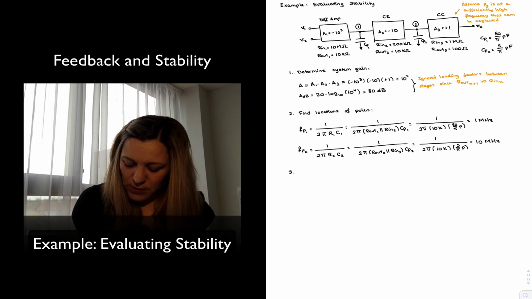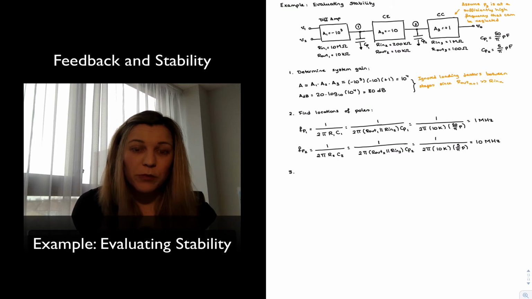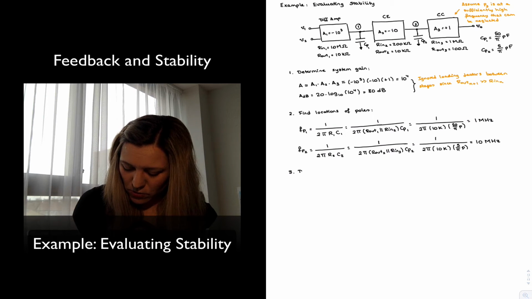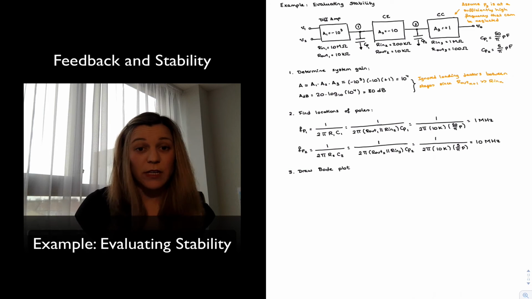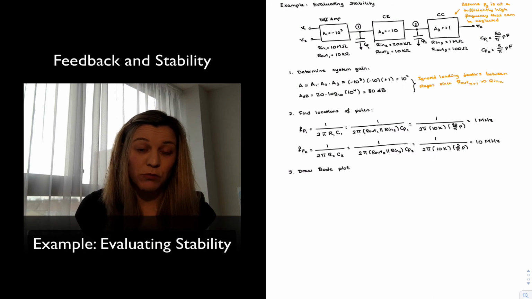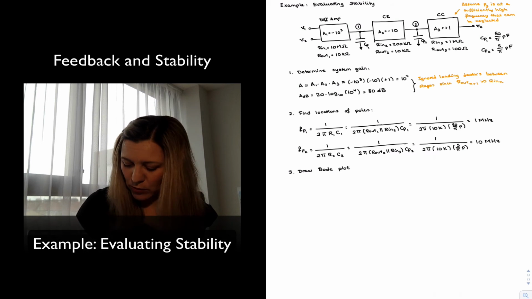Step number 3 is I'm going to draw my Bode plot, because that's going to allow me to easily graphically analyze whether the system is stable or not. So draw my Bode plot, and it has two components that I need to keep into account: the magnitude response, or the magnitude Bode plot, and the phase response, or the phase Bode plot.